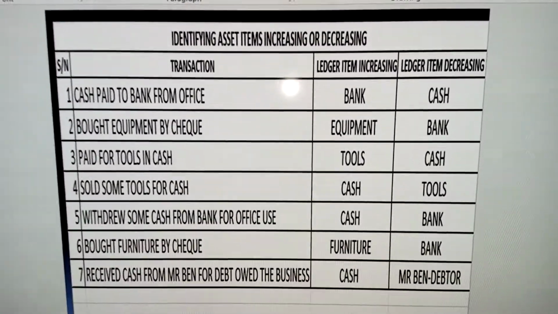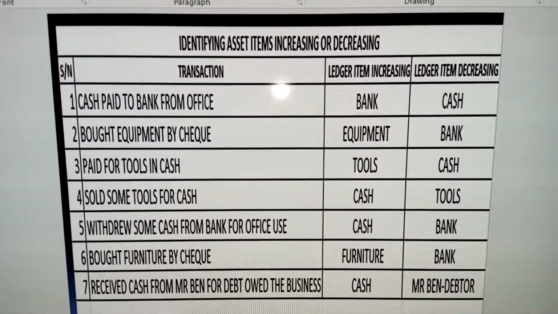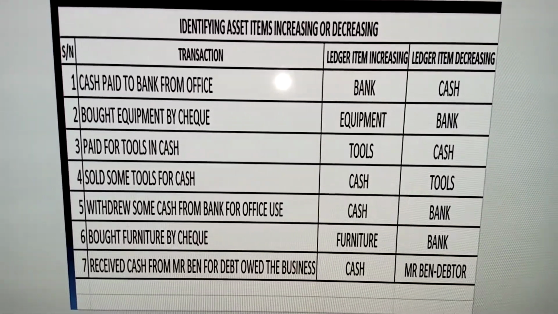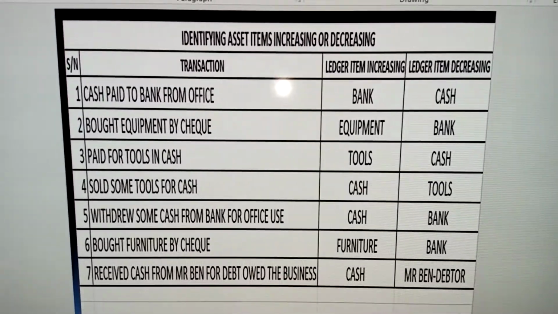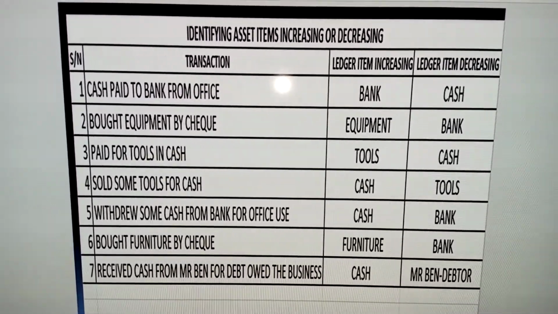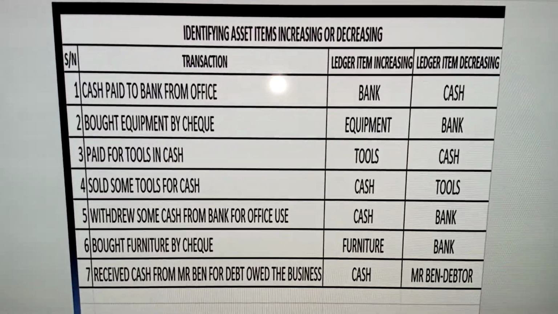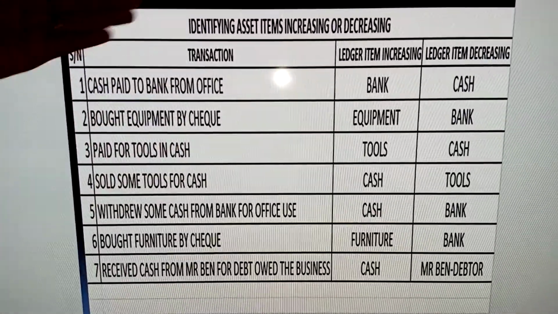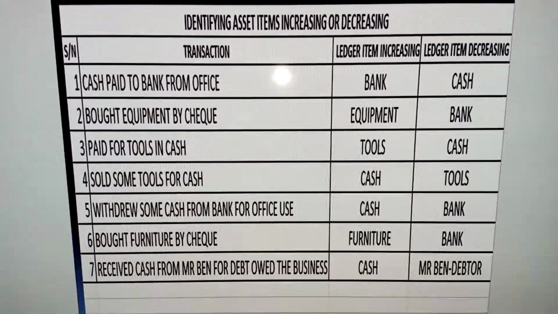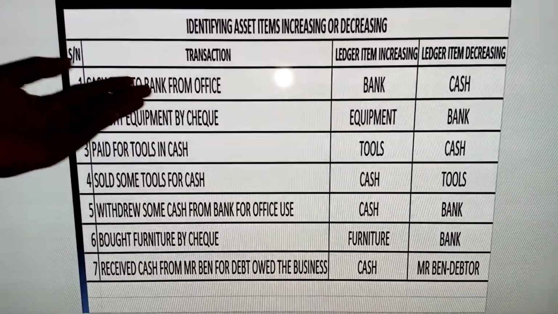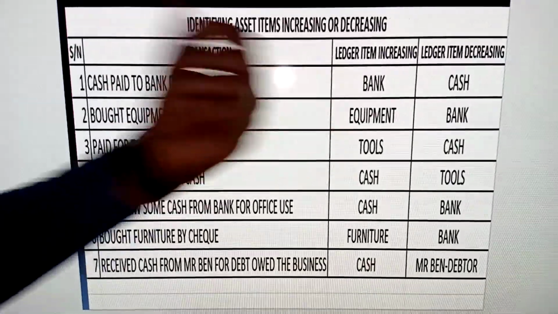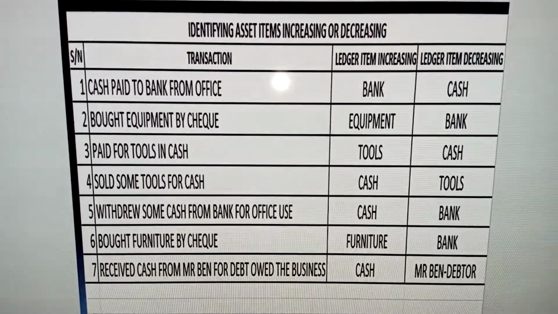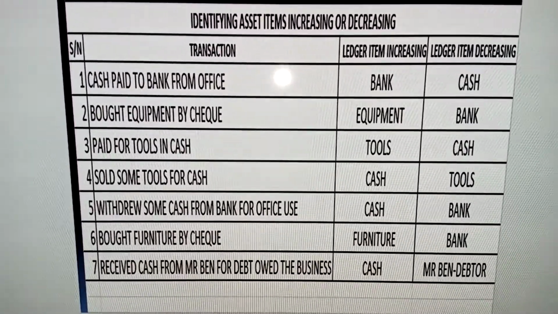Now with the understanding that our assets can either increase or decrease, and with the understanding that when the asset increases you debit and when it decreases you credit, we're going to identify the asset items in these transactions, and then put the item that increases in the right column and the one that decreases in the right column.